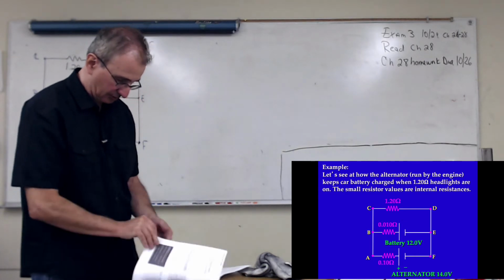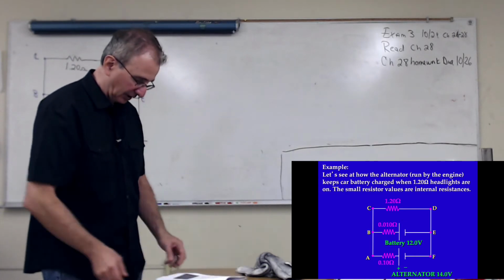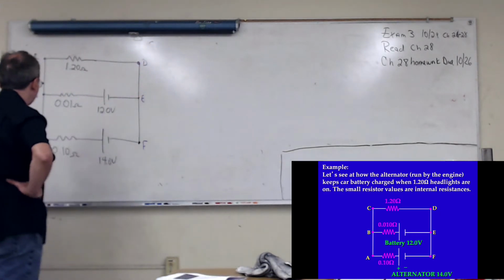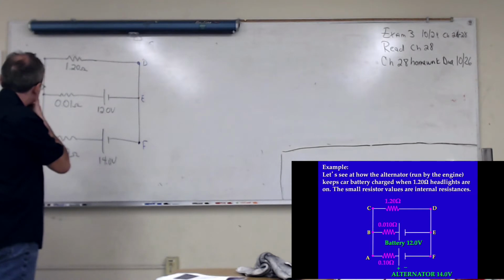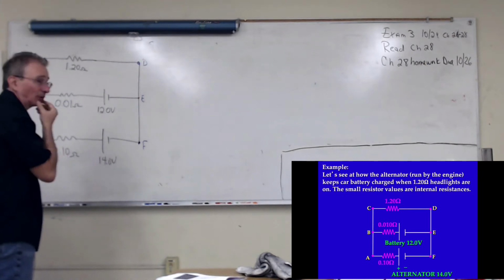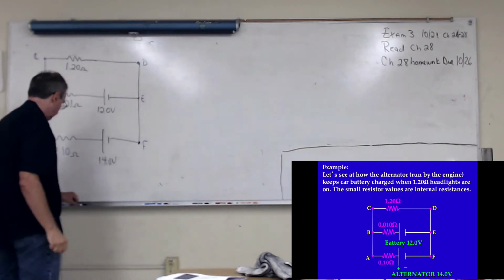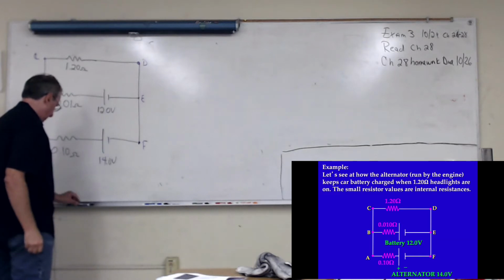And so I guess the first question is, how do I designate the currents? Really, it's kind of arbitrary how we designate the currents. So I'm going to say the following.